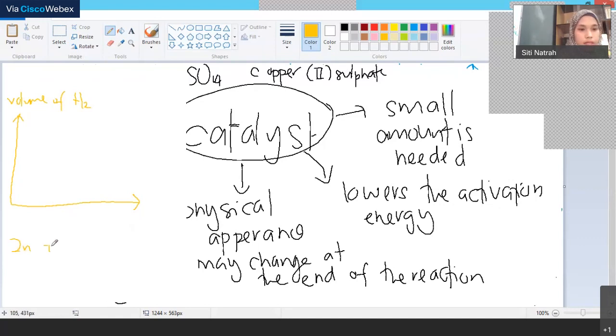So zinc react with sulfuric acid, H2SO4, and then we can produce, tapi before that kamu letak ni lah catalyst kamu which is CuSO4. So ni adalah catalyst okay. Catalyst and then kamu akan produce zinc sulfate dengan hydrogen.